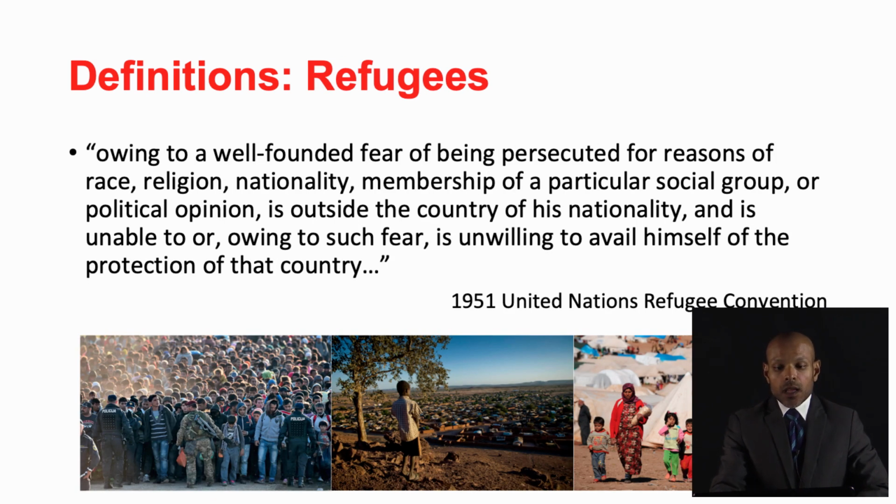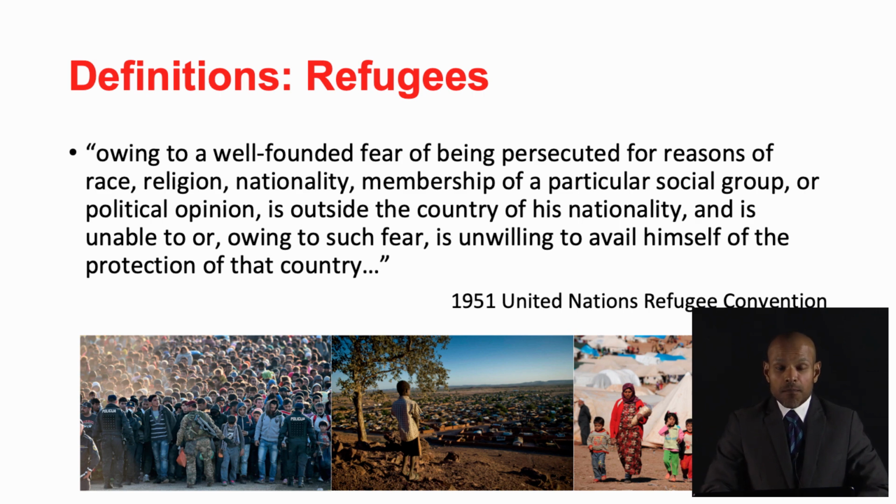For refugees, the United Nations Refugee Convention suggests that conditions determine if someone is considered a refugee, and these conditions include owing to well-founded fear of being persecuted for reasons of race, religion, nationality, membership of any particular social group, or political opinions, is outside of the country of nationality, and these persons are unwilling or unable, owing to fear, to return to the protection of their home region or home country.